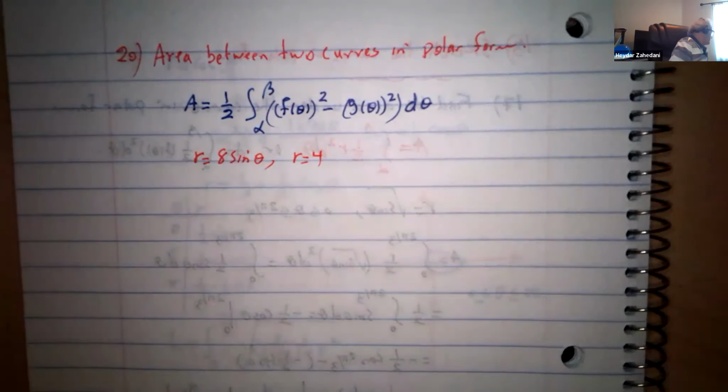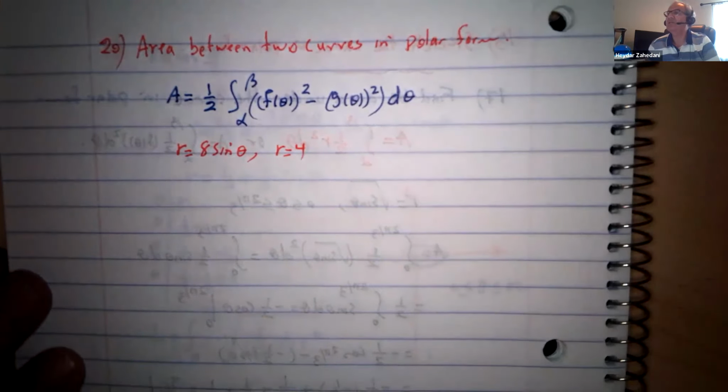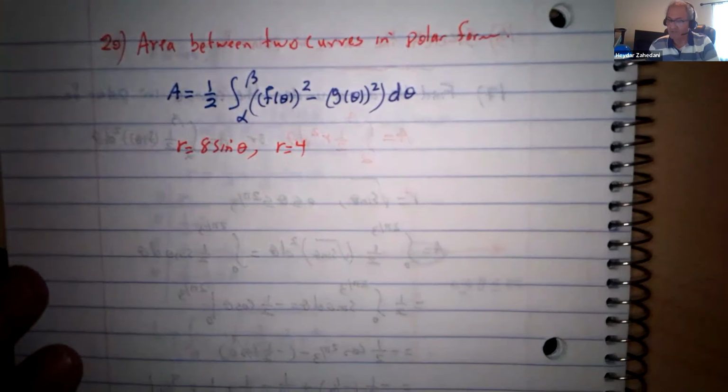Okay, so what they ask you to do is find the area of the region that lies inside the first curve and outside the other one.